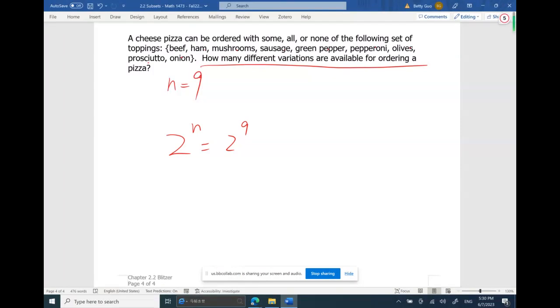So let's use a calculator to figure out what 2 to the power of 9 is. 2 to the power of 9 equals 512. That many different ways to order the pizza. That's the number of subsets of the set of toppings.